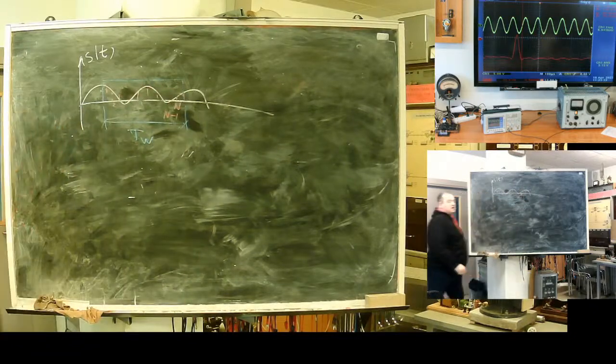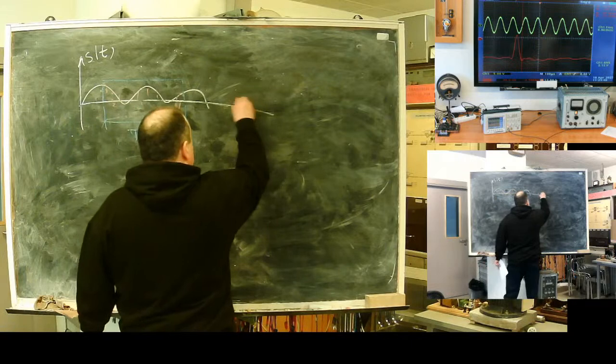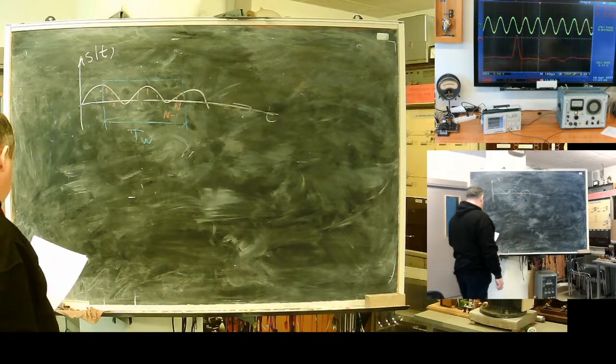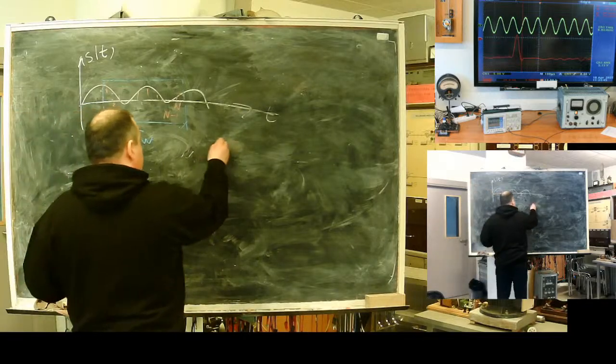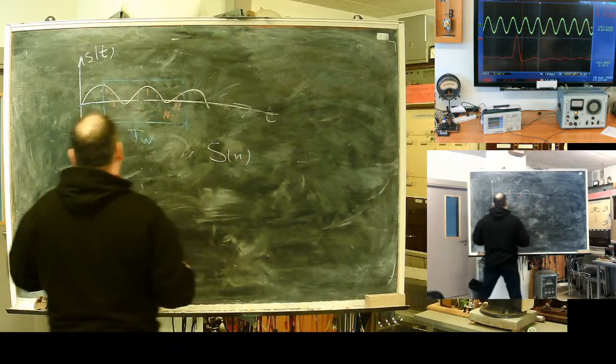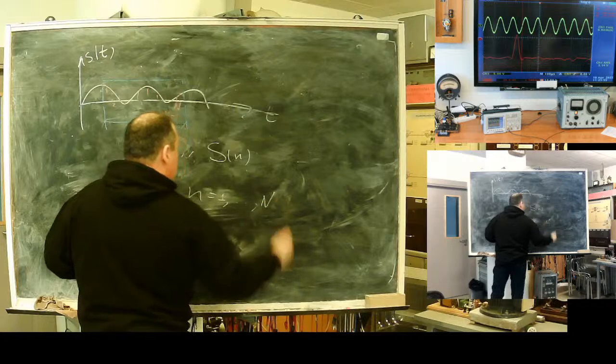So I'm making N capital measurements inside the observation window. So I have, let's say, the signal as a function of n, starting from 1 and ending at N capital.